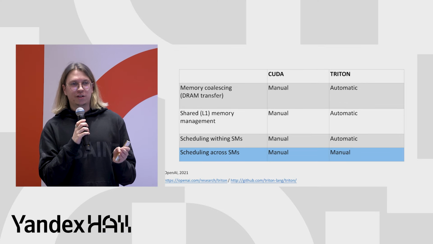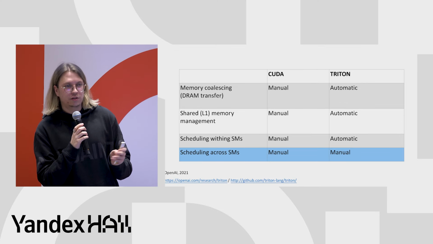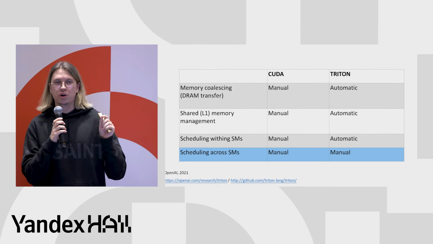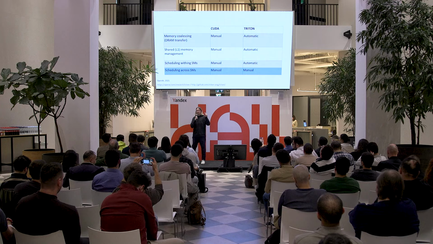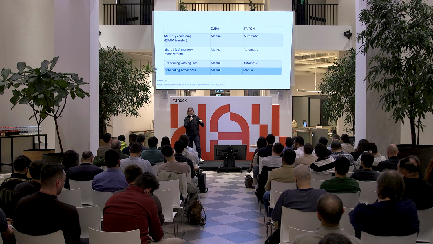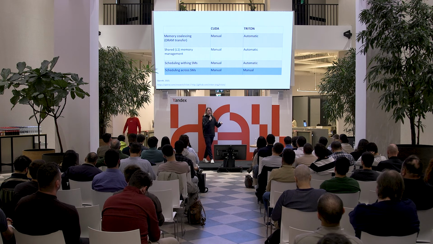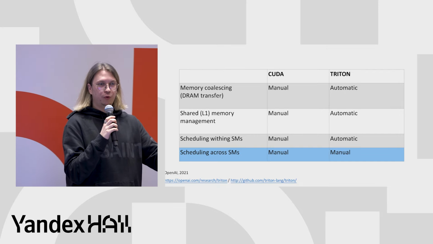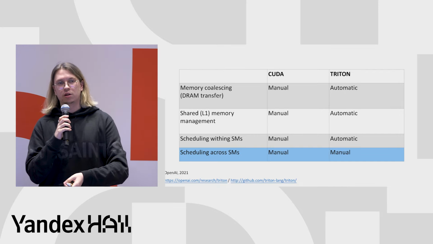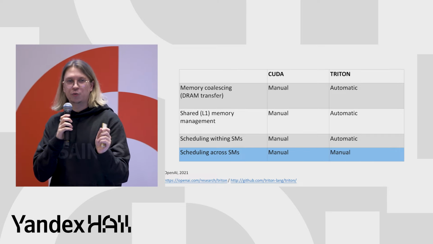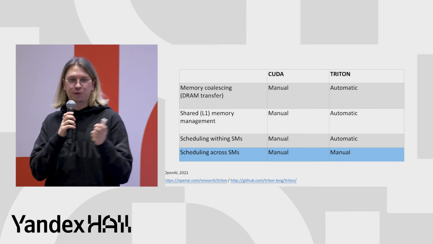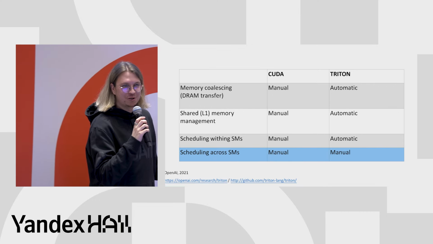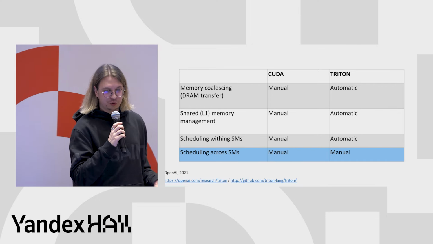There are obviously a lot of downsides to this, because if you want a really efficient kernel, then probably you want to control how to synchronize the threads, how to manage memory, how to do all these complex things. But Triton handles this complexity for you. So you get this trade-off. You would probably get an 80% efficient kernel with 20 lines of code, instead of getting an 81% efficient kernel with 2,000 lines of code.